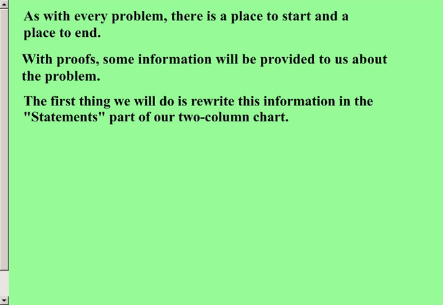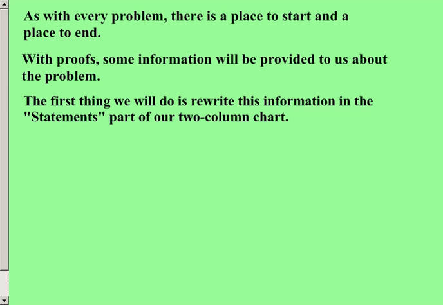The first thing that you are going to do with a two-column proof is rewrite the information that they provide you in the statements part of the two-column chart. There's a lot of different ways that they can communicate information with us, and we've already discussed a few of them as this year has unfolded so far. They can give us diagrams, and information can be revealed in those diagrams with things like tick marks and angle congruency marks and adjacent angles and right angles and things like that.